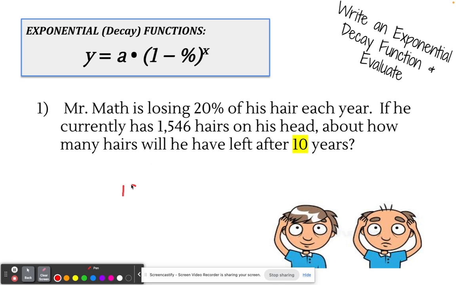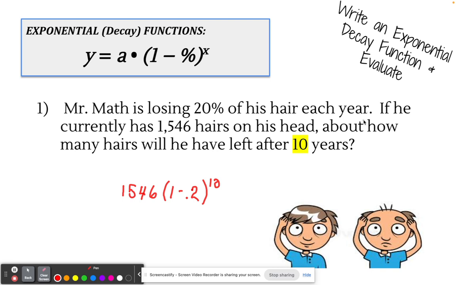That's how many he currently has. But he is not gaining hairs. He's losing it, and he's losing it at the percent of 20%. So 1 minus, and 20% is 0.20 or 0.2. And we want to know how many he will have in 10 years.